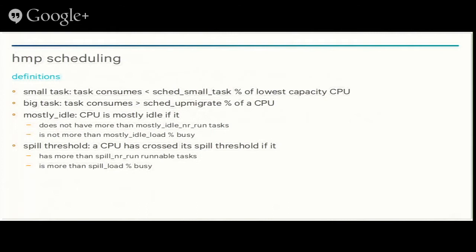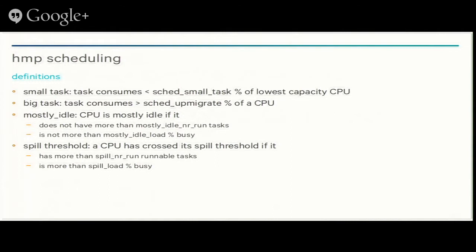What is a small task? We want to treat small tasks differently. I know Vincent's already done small task packing stuff, and they deserve special treatment. We've defined a million tunables, so another reason why this will never go upstream.